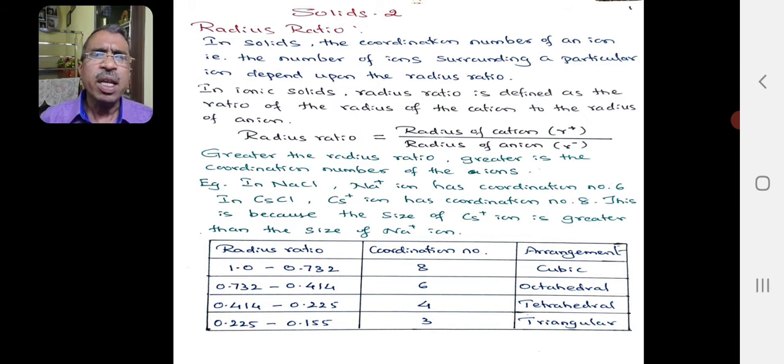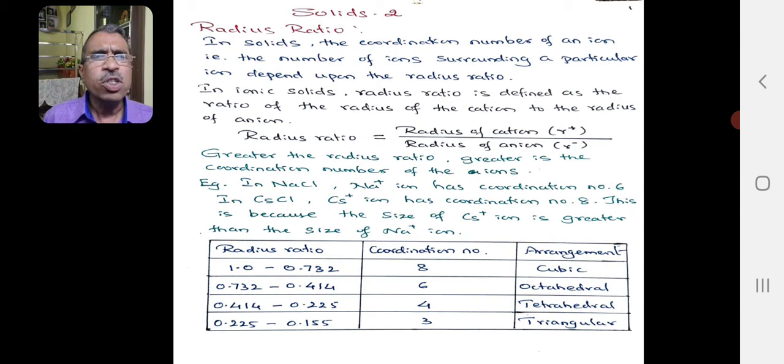If the radius ratio is between 1 and 0.732, then the coordination number is 8 and the unit cell has a cubic structure. If the radius ratio is between 0.732 and 0.414, then the coordination number will be 6 and the unit cell shows octahedral geometry.